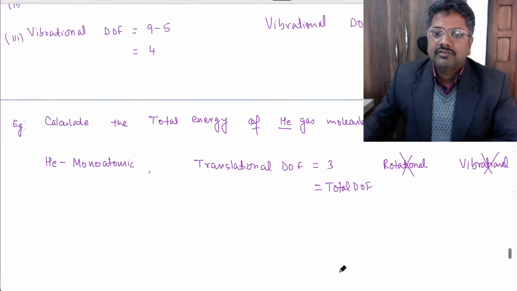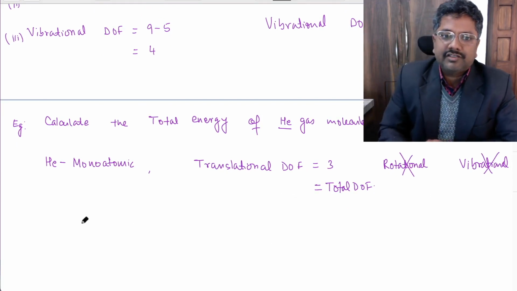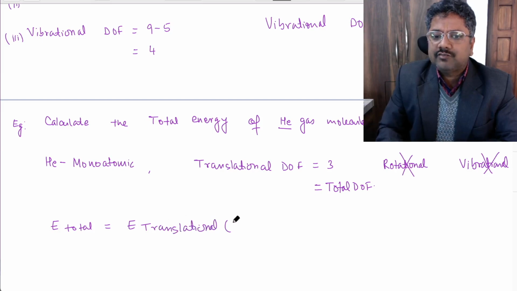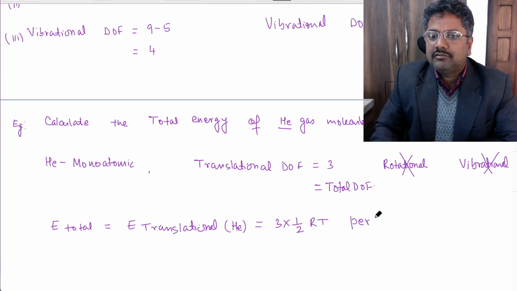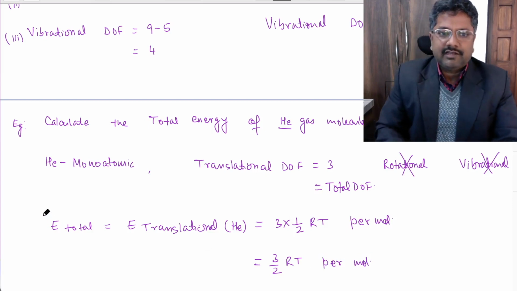Right? And each degree of freedom is associated with half RT energy. So E total is equal to E translational, because only one motion is possible in case of helium. So this is equal to 3 into 1 by 2 RT per mole, means 3 by 2 RT, as we have proved this formula in gaseous state as well.